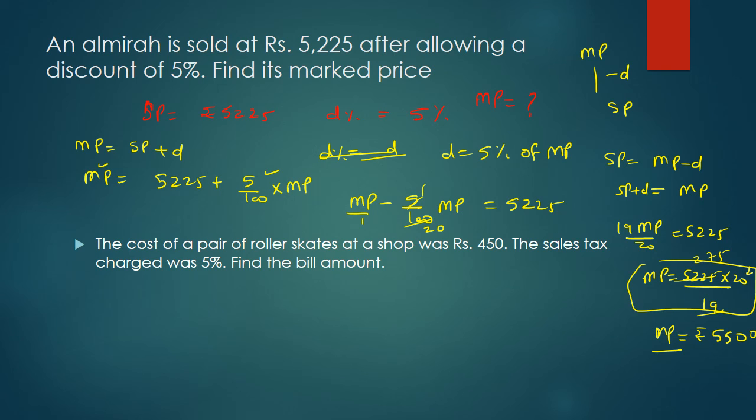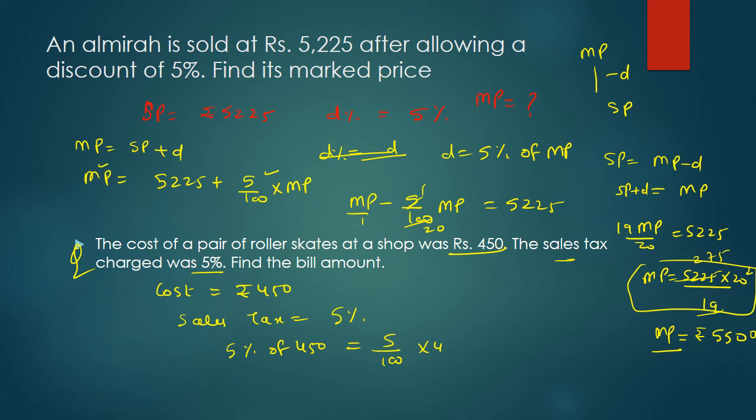Okay. Next question is, the cost of a pair of roller skates was 450 and sales tax charged was 5%. So how much is it actually? 5% of 450 is 5 by 100 of 450. 0 gets cancelled with 0. 5 5s are 25, 5 4s are 20.